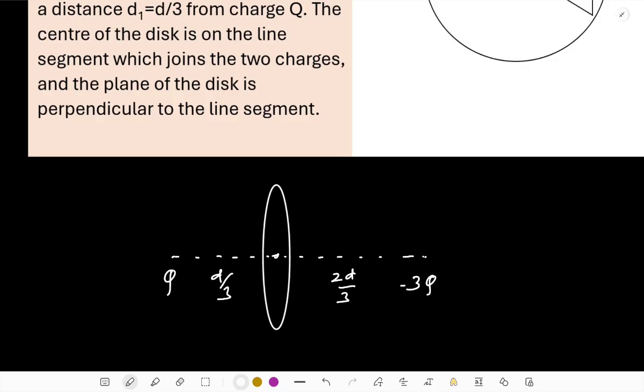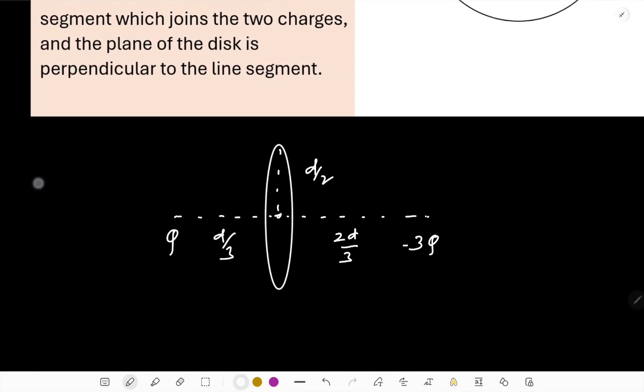The disk has radius equal to d by 2, and we need to find the flux passing through it.